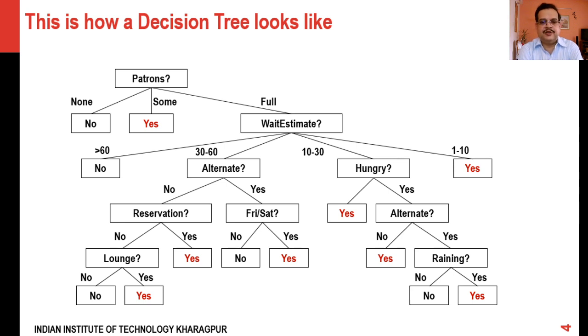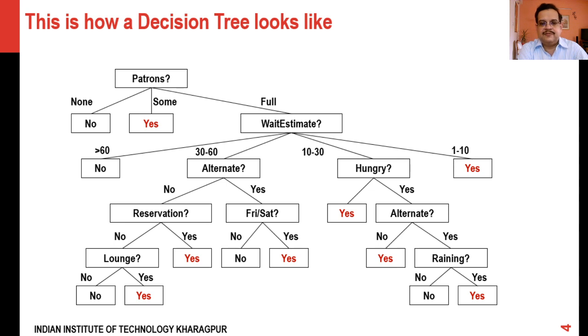On the other hand, if it is full, then you will seek what is the wait estimate. If the wait estimate is less than 10 minutes, you will wait, so the decision is yes. If the wait estimate is more than 60 minutes, then the decision is no. On the other hand, if the wait estimate is between 10 to 30 minutes, then depending on whether you are hungry or not, you will take a decision. So for example, if you are not hungry, then you will wait, so the decision on that branch is yes.